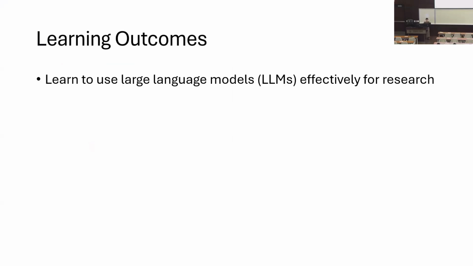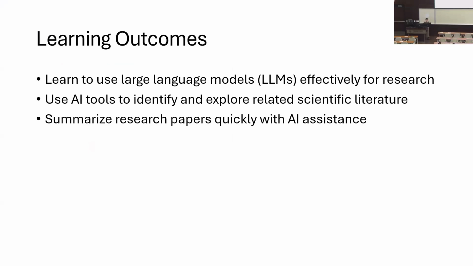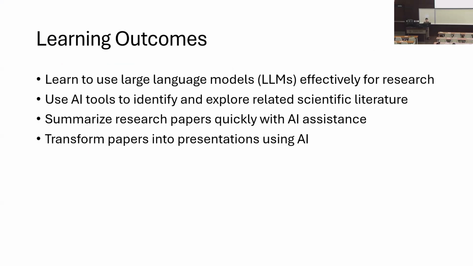Okay, so after today's session, you will be able to use large language models effectively for research. You will know how to use AI tools to identify and explore related scientific literature, how to summarize research papers quickly with AI assistance, and how to transform papers into presentations using AI tools. So first of all, I want to emphasize that tools are tools are tools.